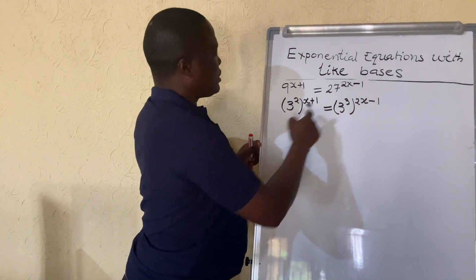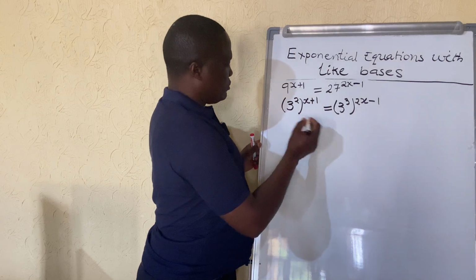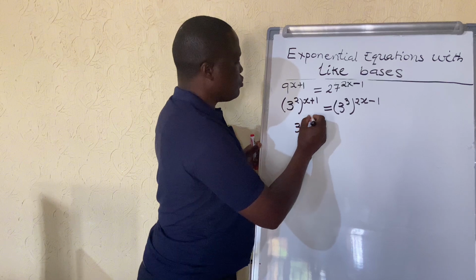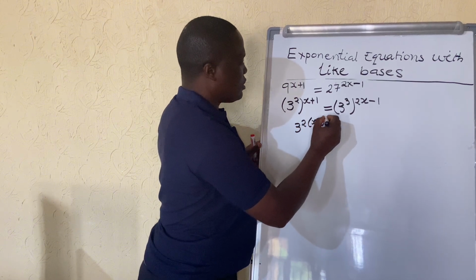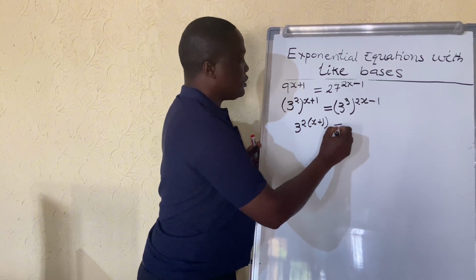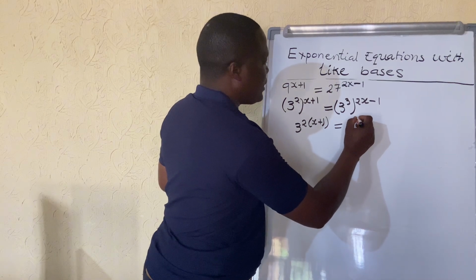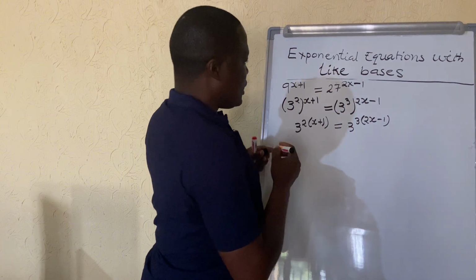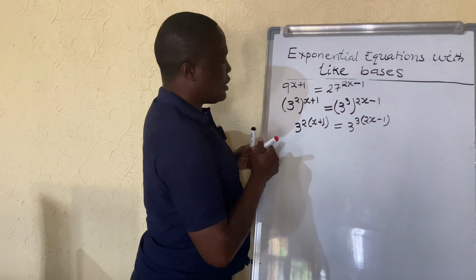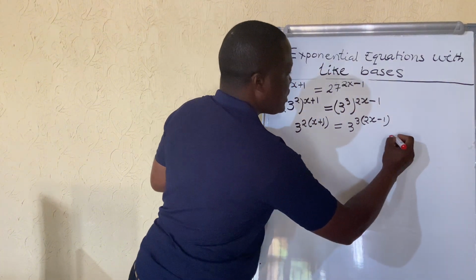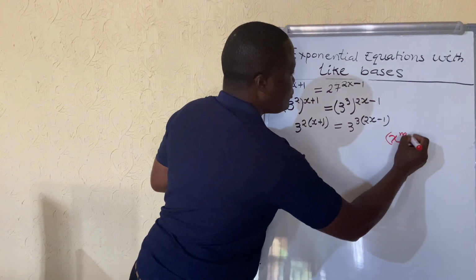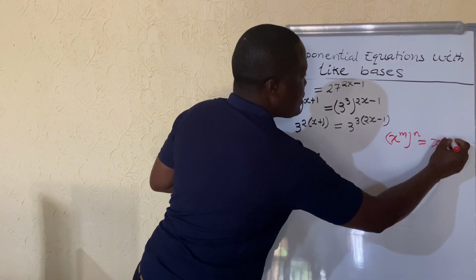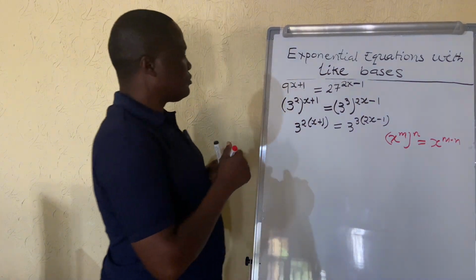The bases are the same, so we can write this as 3 raised to the power 2 times x plus 1 equals 3 raised to the power 3 times 2x minus 1. Again, we are using the rule that says x raised to the power m raised to the power n is the same as x raised to the power m times n.